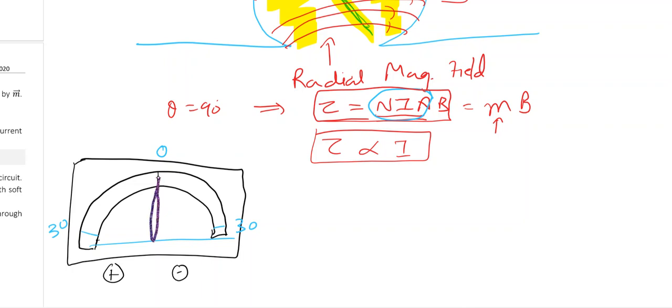When not connected, the pointer is at the 0 mark. And when you allow the current to pass in one direction, it will show some deflection. If the polarity is reversed, the deflection shown will be in the opposite direction.